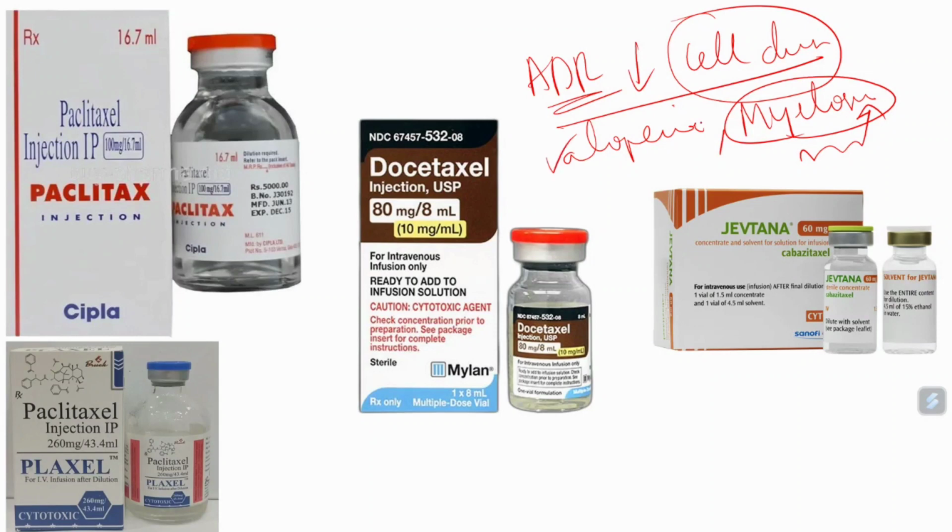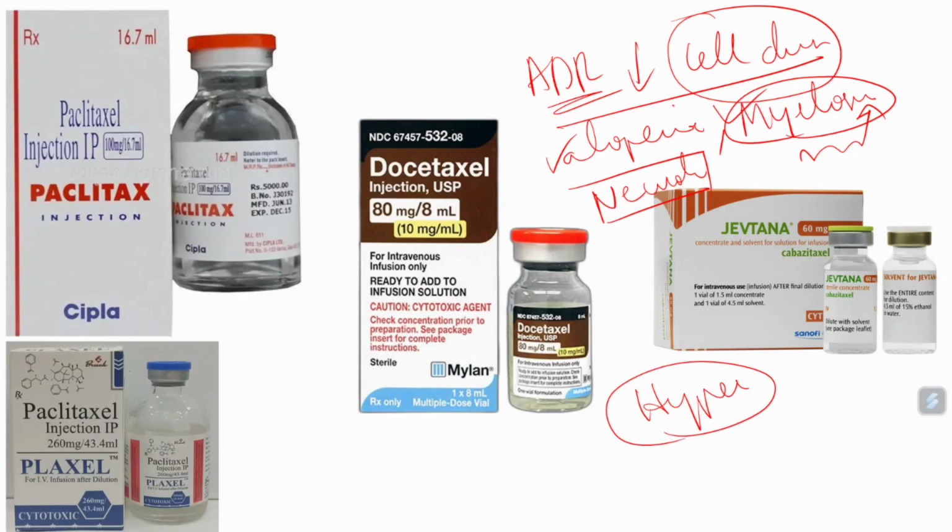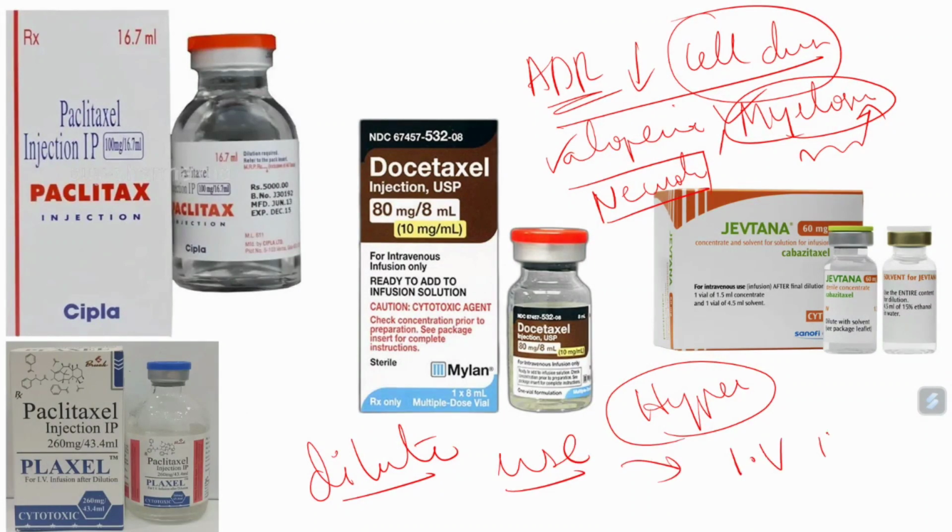Okay, alopecia, myelosuppression, and neurotoxicity, same like vinblastine, and they cause hypersensitivity reactions. All taxanes will show hypersensitivity reactions. And always remember, when these drugs are used in the patient, we always have to dilute and use them, and slowly they are given as intravenous infusion, IV infusion. Okay, so these are important points about taxanes.